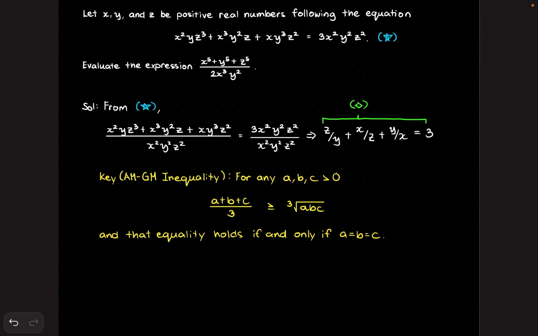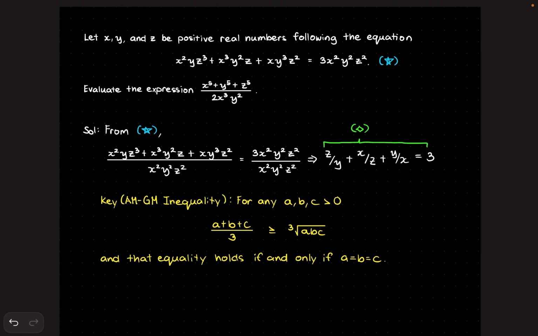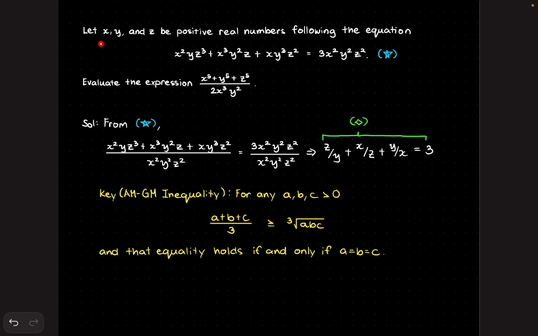And that is valid since, recall that earlier I highlighted that x, y, and z are positive real numbers, which means that if we get their quotient, we're sure that this thing will still be positive or non-negative, so it satisfies this. Also, I forgot to mention that this is the reason why we can do this: since x, y, and z are positive, they are not equal to 0, so we can divide this product out here.